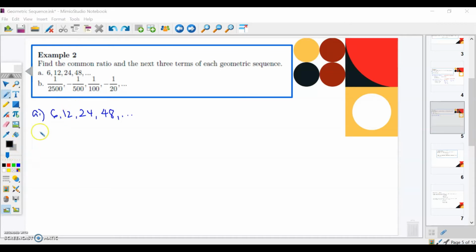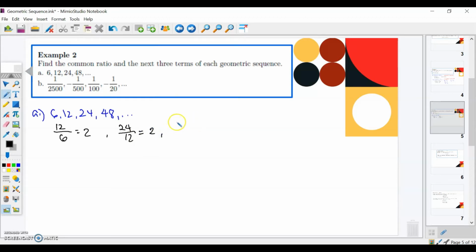We can consider the first two terms of this sequence, which are 12 and 6. So I'm going to divide 12 by 6. This will give me 2. Same thing, if I consider the second term and the third term, if I divide the third term by the second term, this is equal to 2.